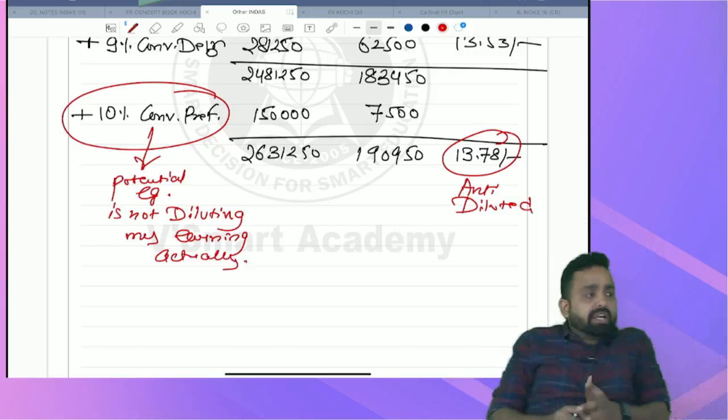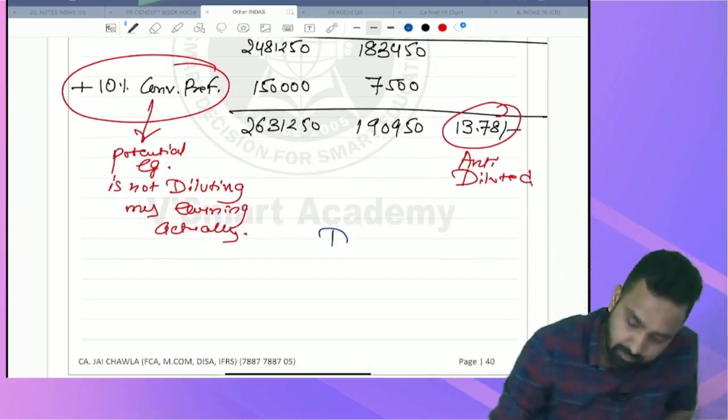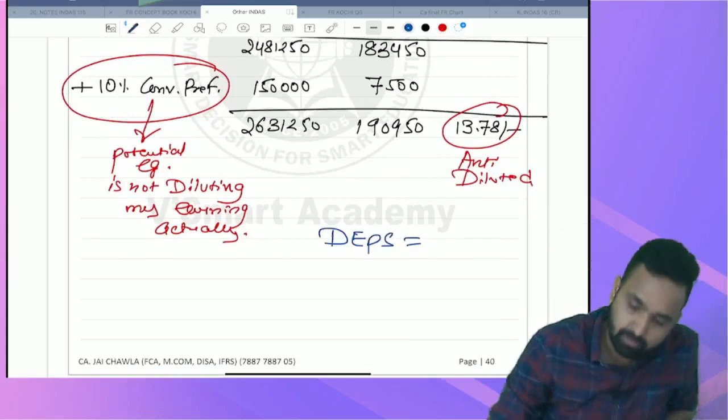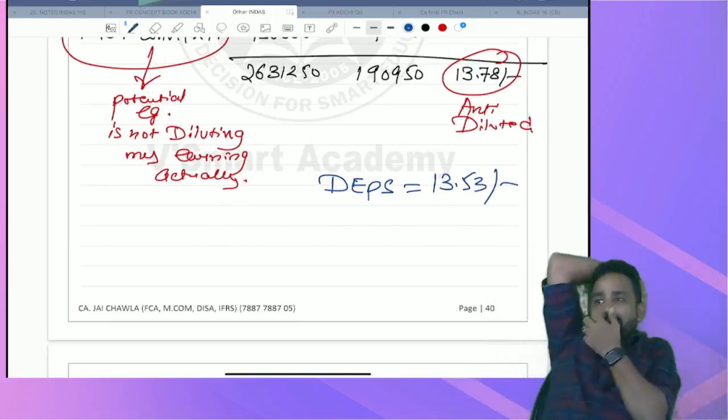So what is my final answer? What is my DEPS? It's 13.53. You can consider this a master question.